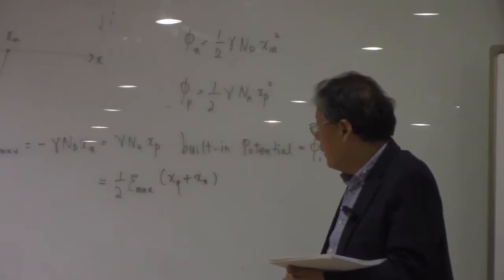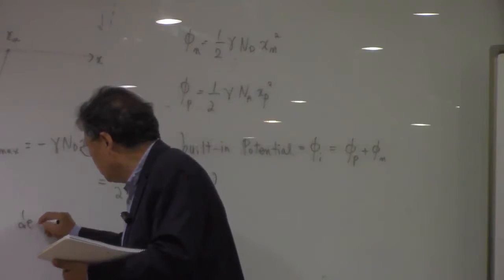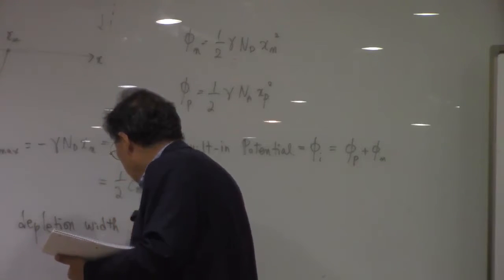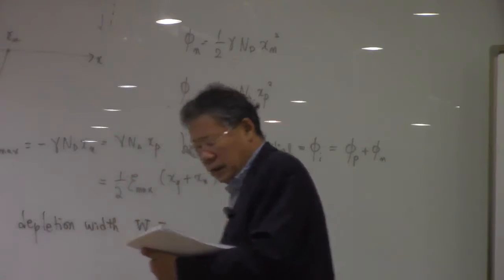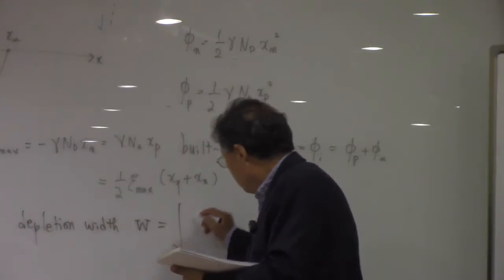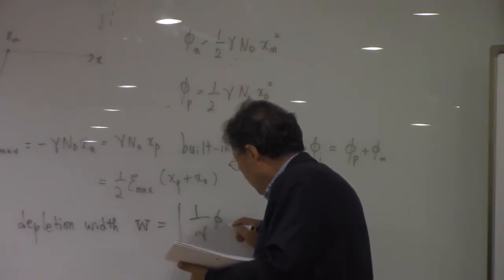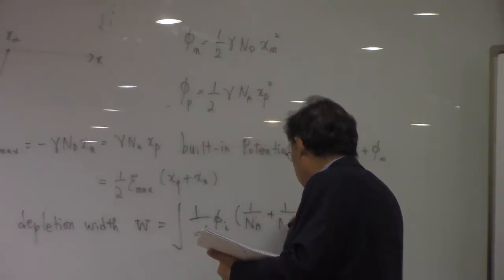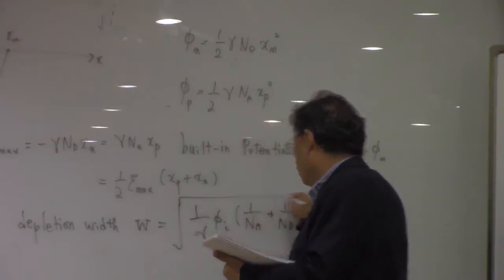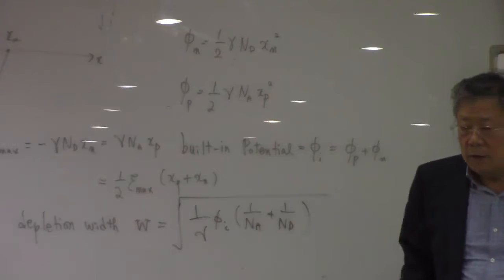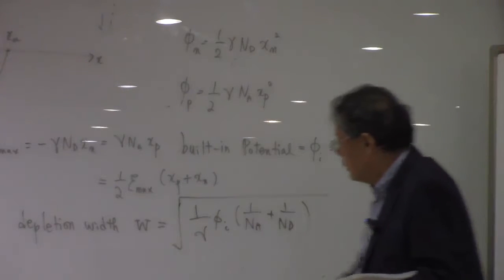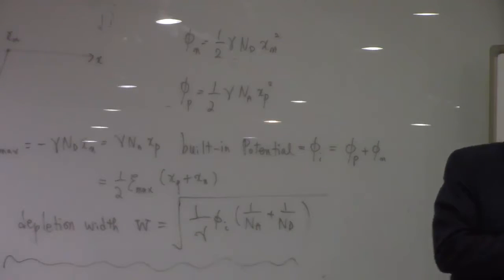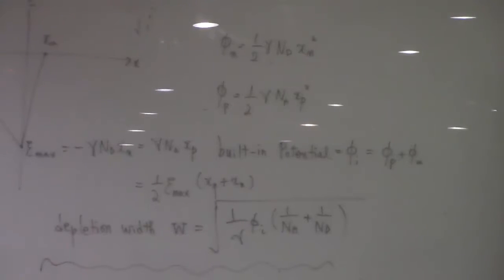Okay. Now the important thing is the depletion width W, which can be calculated from these equations, and that is going to look like this. So this is amazing. We can actually mathematically calculate the length of the depletion region.